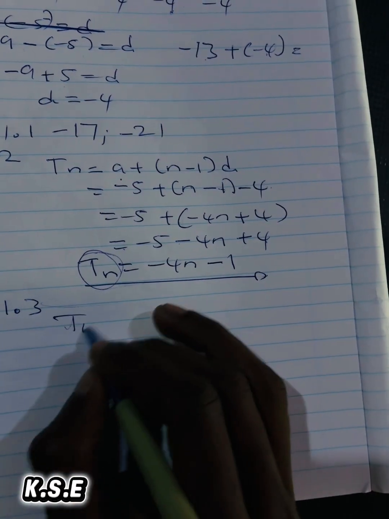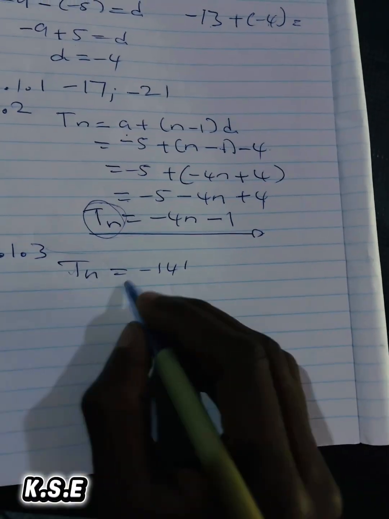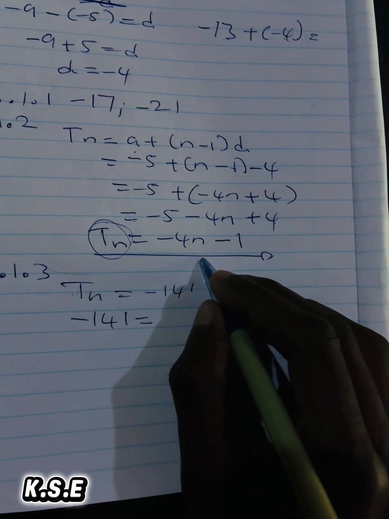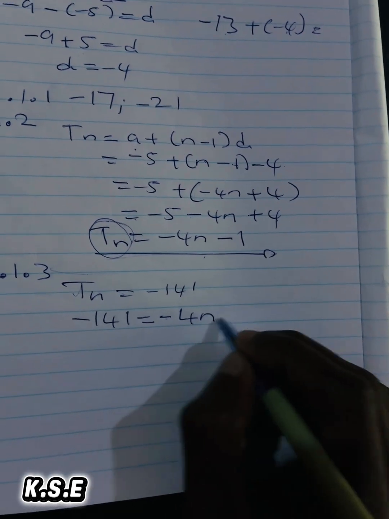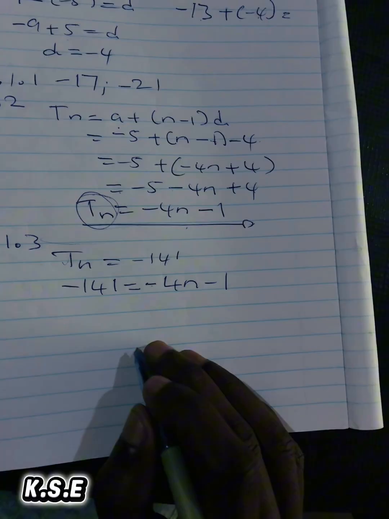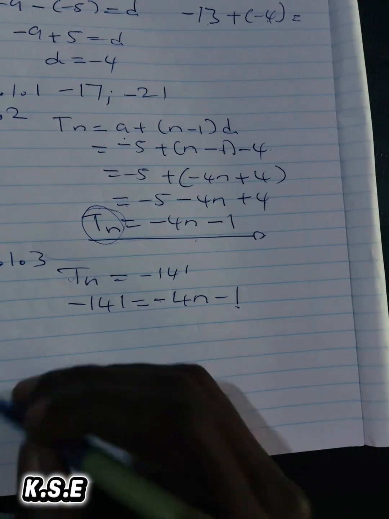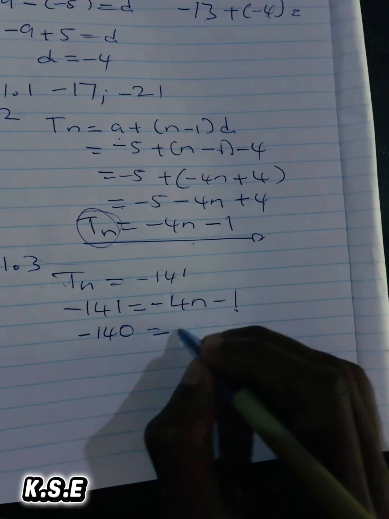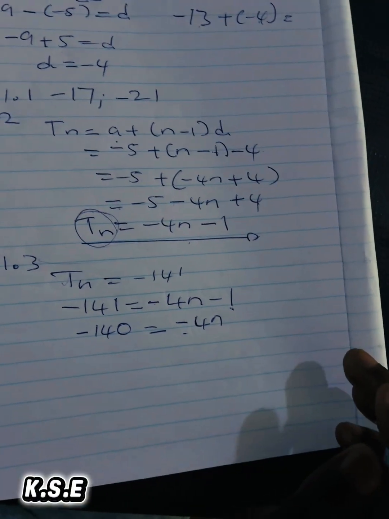So we say Tn is equal to negative 141. We substitute negative 141 equal to the expression we found in the previous question, negative 4n minus 1. Then we transpose this to the other side, whereby it becomes positive. Then we're left with 140 equal to negative 4n.